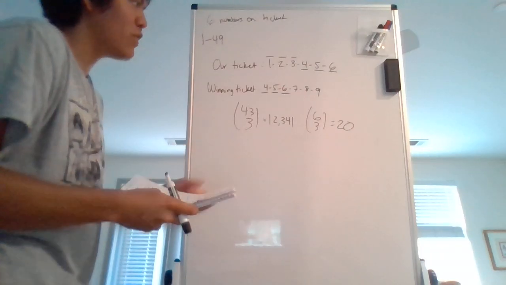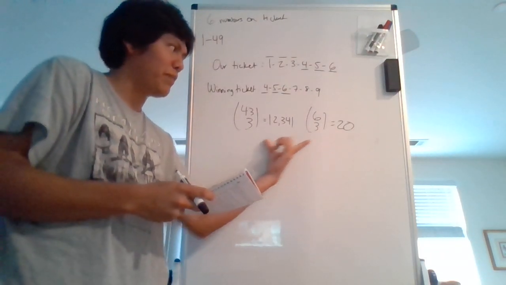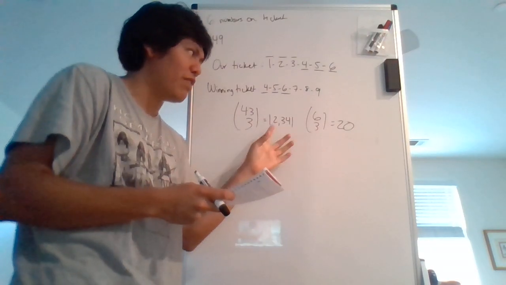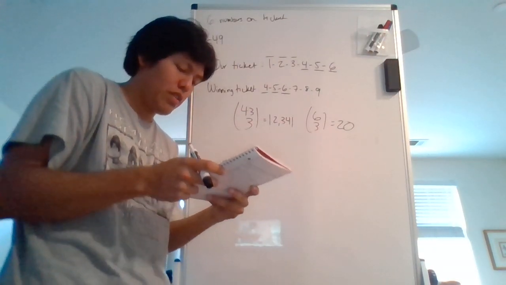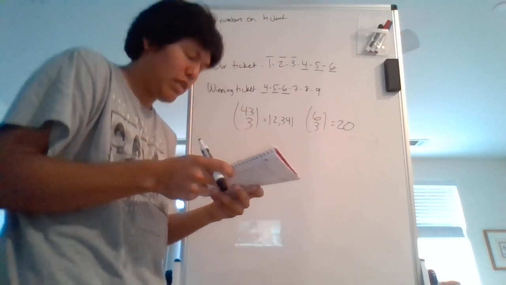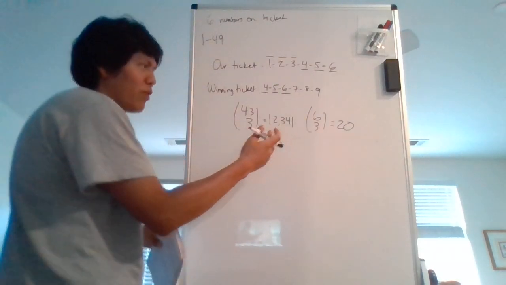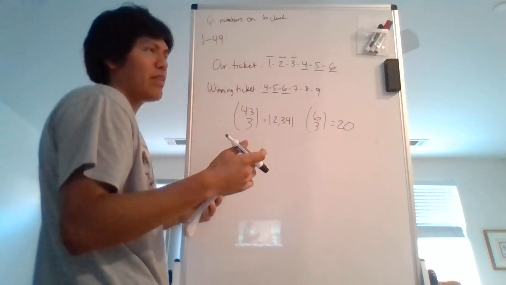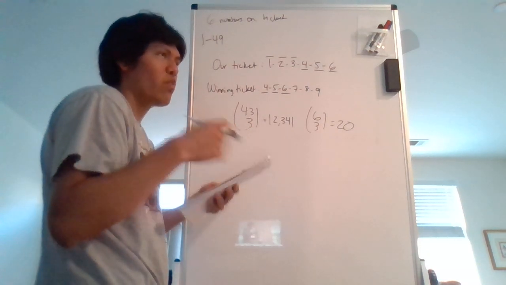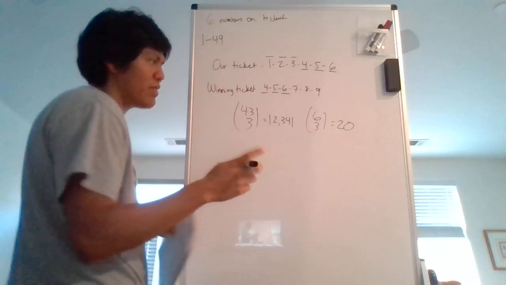Okay, so now we have these two numbers representing combinations. Now what we would do is multiply them, because we're trying to find how many ways we can have a winning ticket that only has 3 winning numbers.